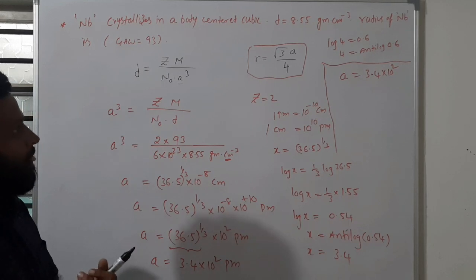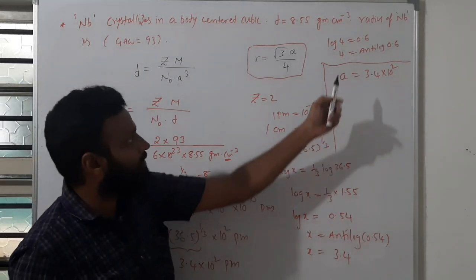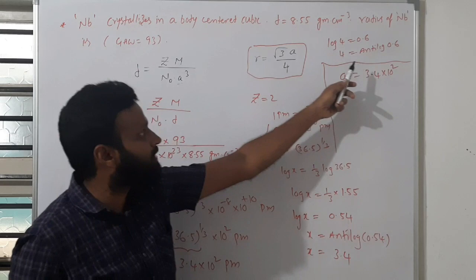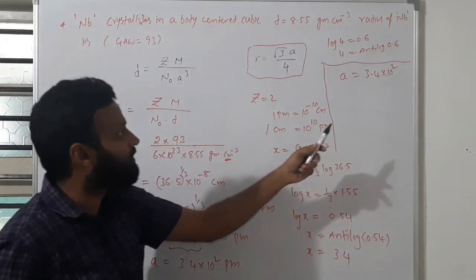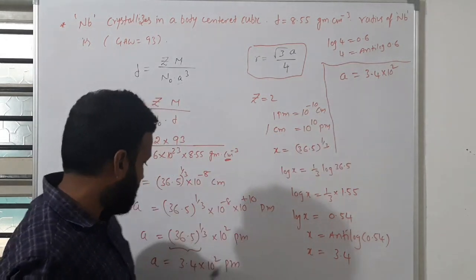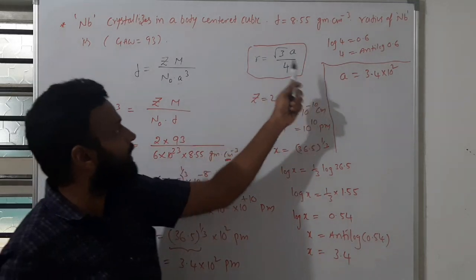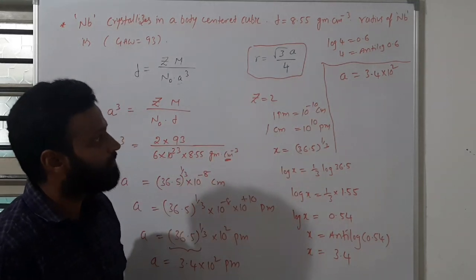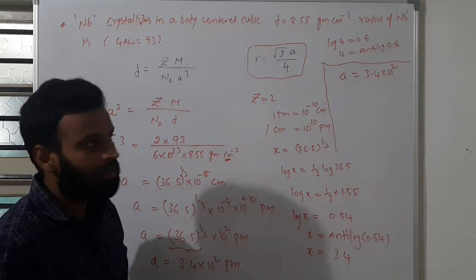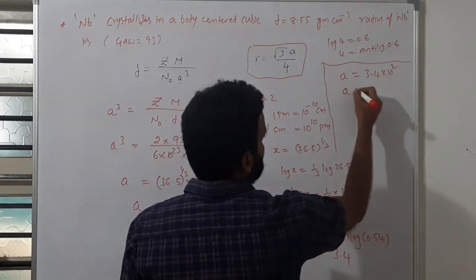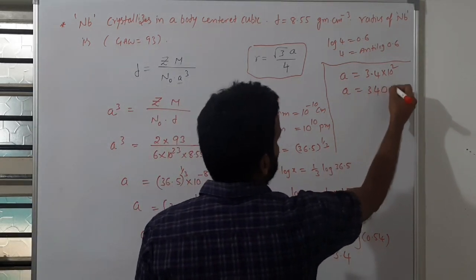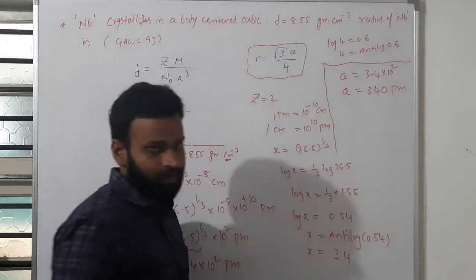Got it? Because log 4 is 0.6 and 4 is anti-log of 0.6. So I will get the edge length A now. That A, if you substitute here, you will get the radius. So I will get 340 picometers approximately.